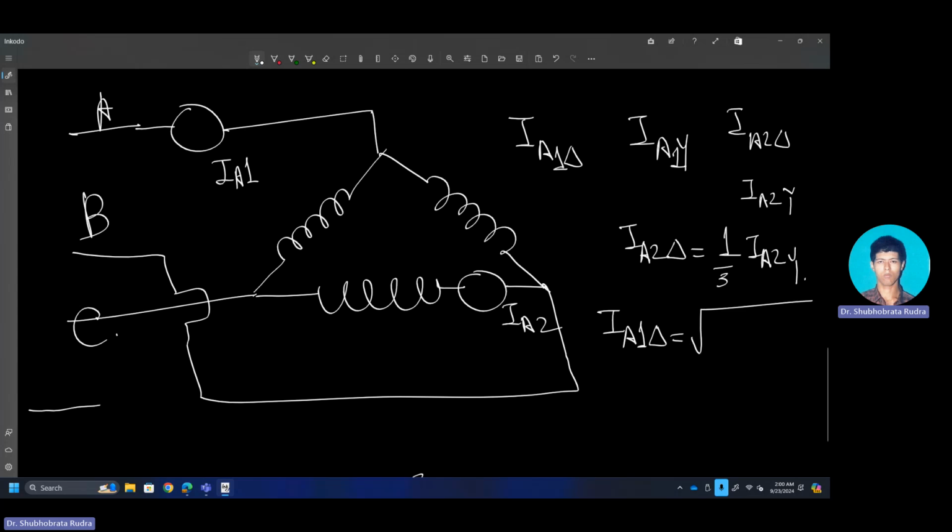Now, an individual line will carry only the fundamental current. Therefore, you can always write IA1 delta equal to the square root of IA1Y squared minus IA2 delta squared, right?